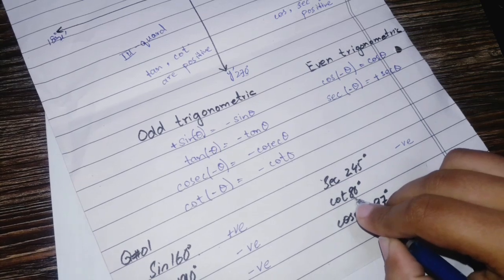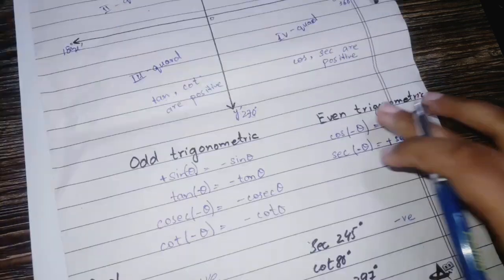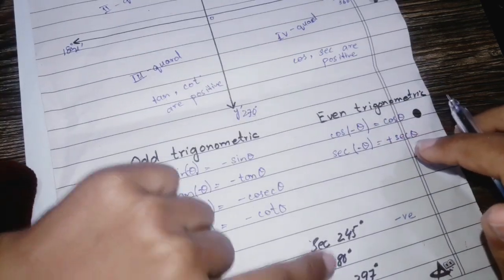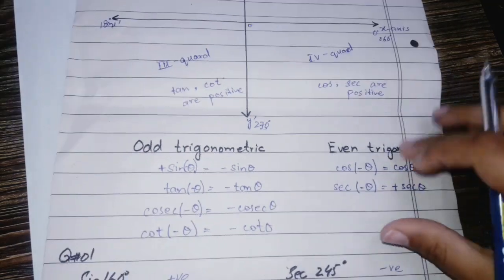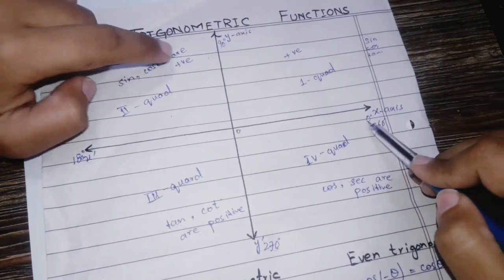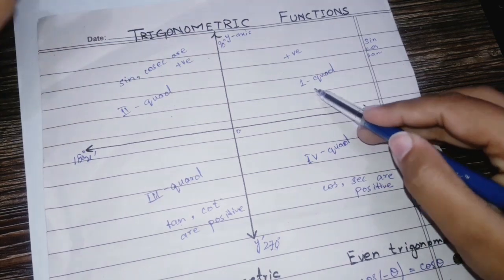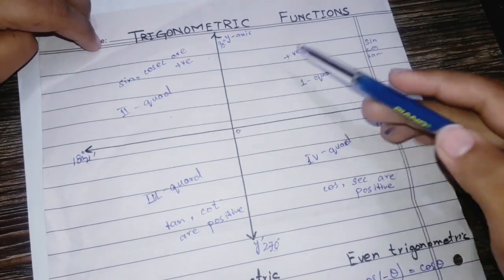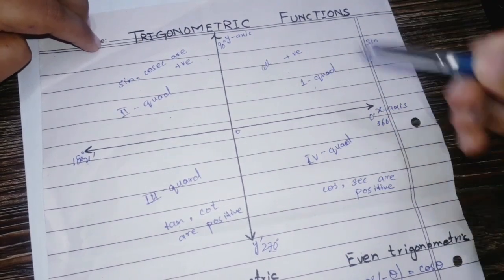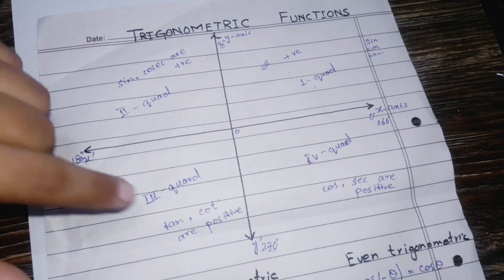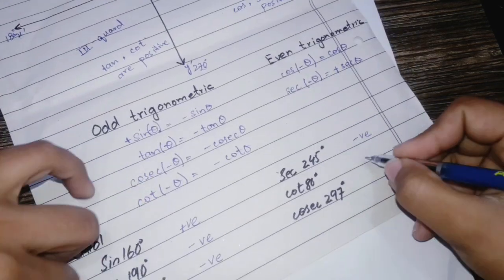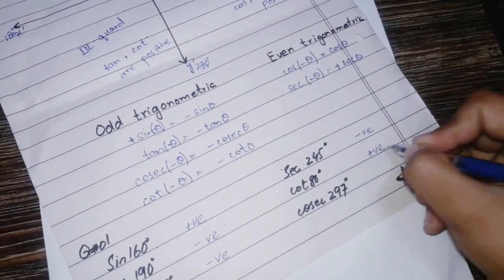Cot 80. Now we will see where the angle 80 is in the Cartesian plane. 80 is between 0 and 90, so it is in the first quadrant, and in the first quadrant all the trigonometric functions are positive. So cot 80 is positive.